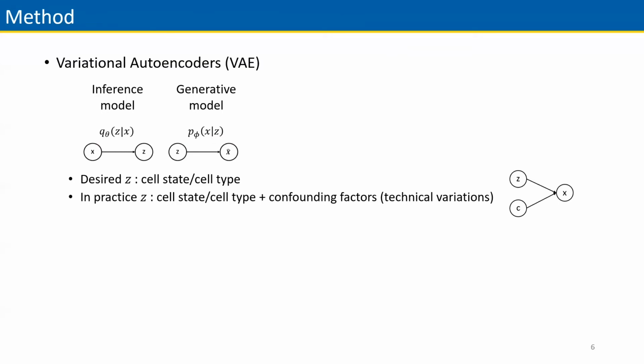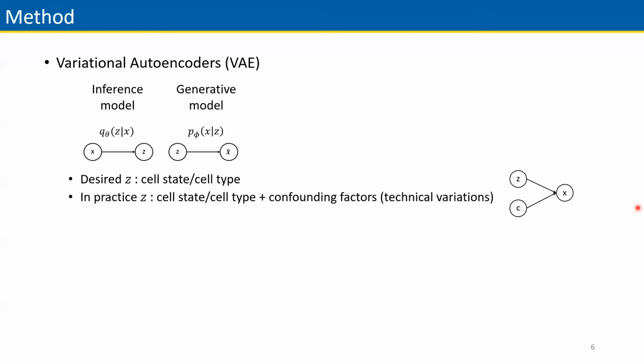According to the goal of dimensional reduction, we want the latent representation to be informative on cell state or cell type. However, in the real world, besides the cell identity, other technical variations are also involved in the data generation process, such as read depth variations or batch effect, etc. These technical variations can be observed when we collect the data and are not related to the intrinsic biology we are interested in.